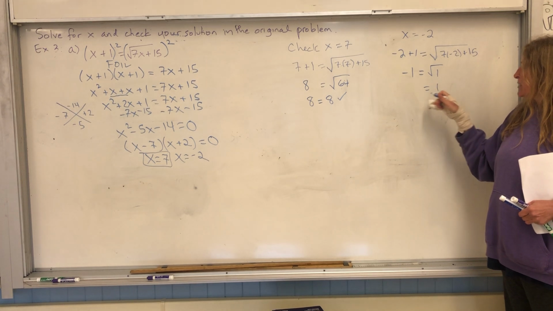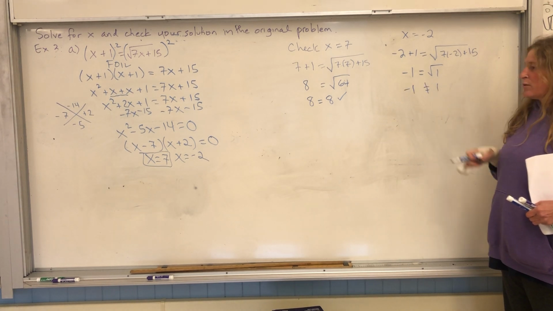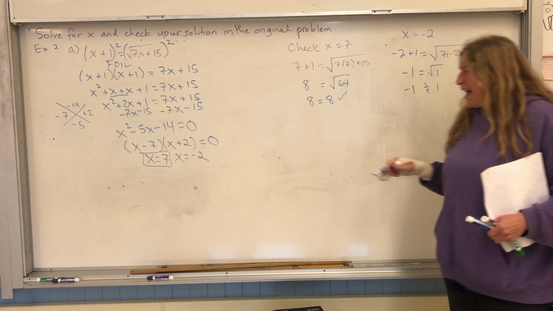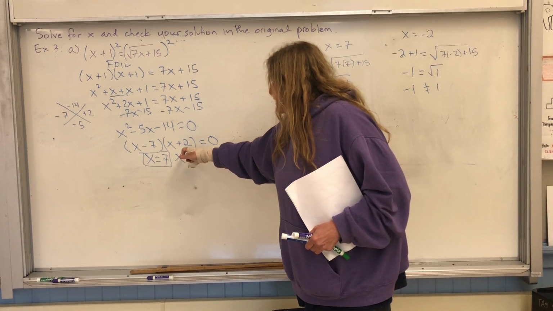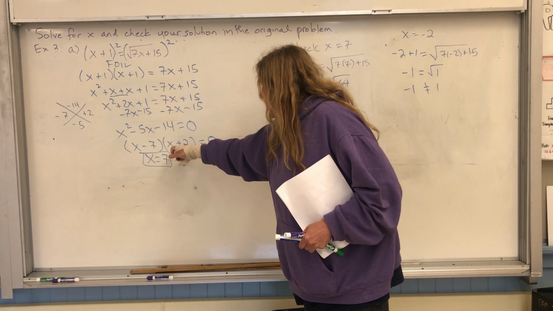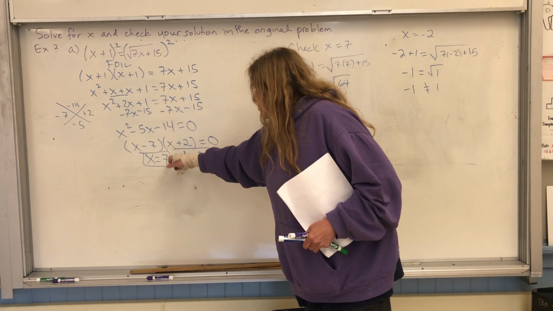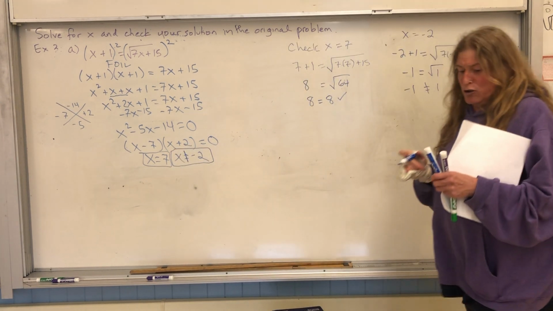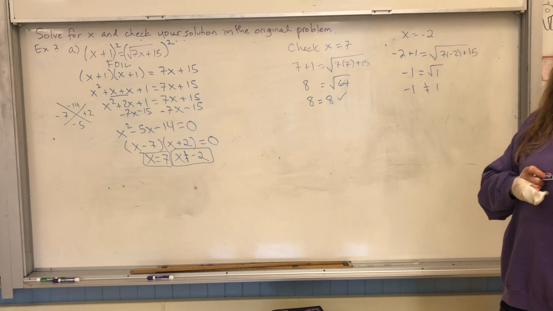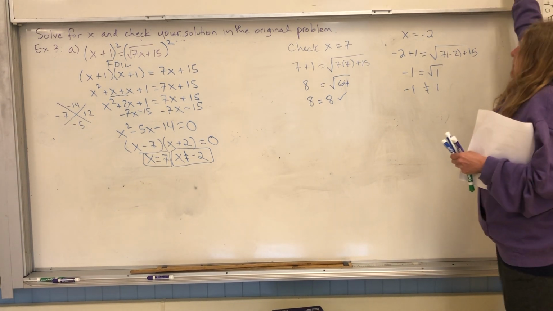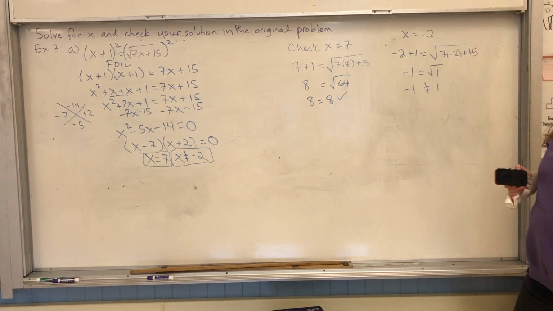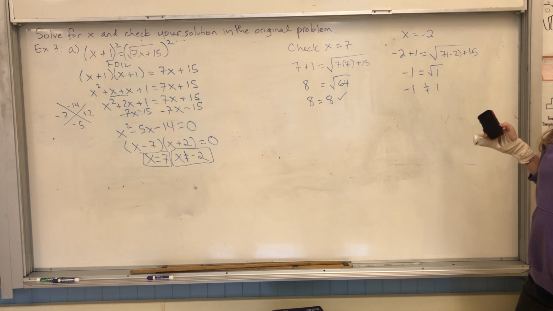The square root of 1 is 1, and so those are not equal. So I have to say, all right, well, x equals -2 did come out in my algebra. However, it's what we call an extraneous solution. It doesn't work in the original problem, which means I have to exclude it. So that's why checking is important.